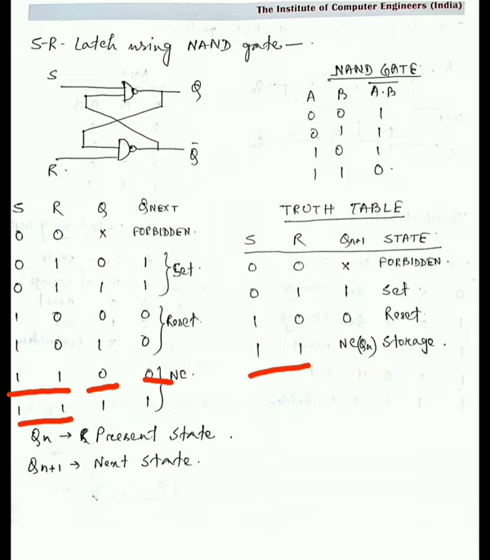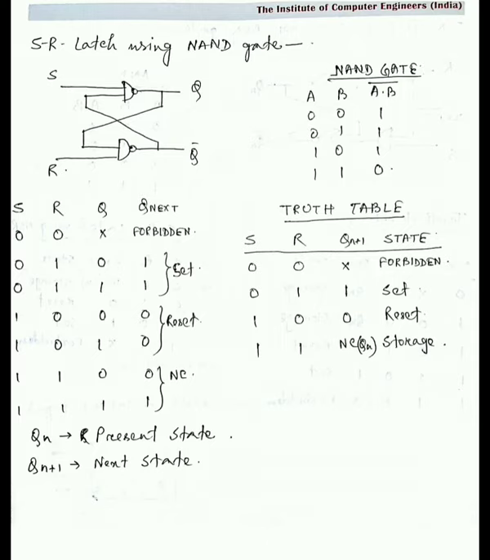Okay. Now mind it, the difference between SR latch using NAND gate and SR latch using NOR gate. In NOR gate, which I have discussed in the previous class, if S is 1, R is 0, it becomes set state, and if R is 1, S is 0, it becomes reset state using NOR gate. But using NAND gate, it is just the reverse position.